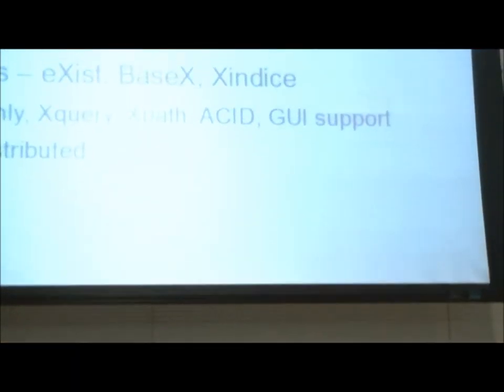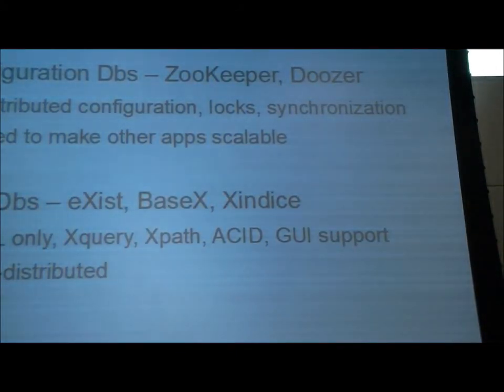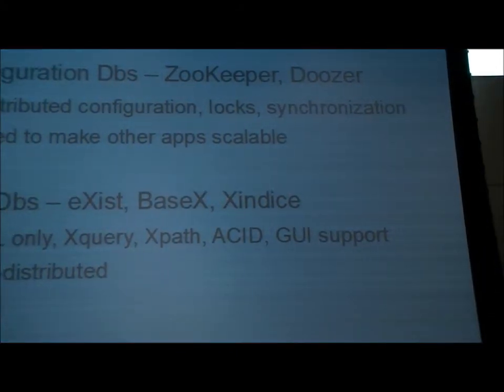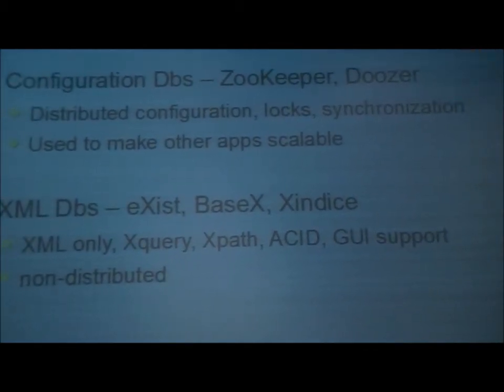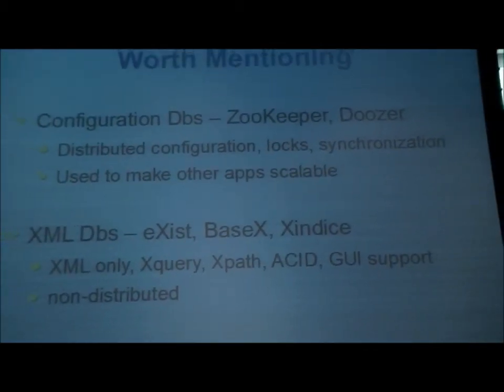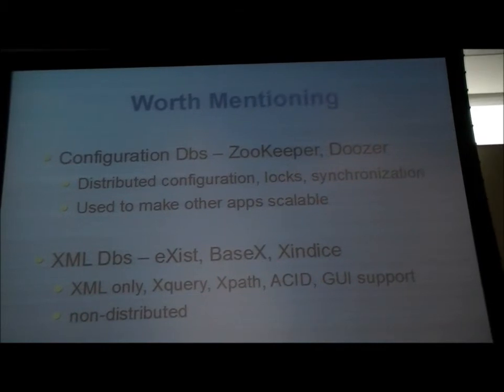It gives you distributed logs, distributed configuration and a synchronization mechanism across all the nodes there. Doozer does something very similar, but it tries to do it in a little bit more simplified way than what ZooKeeper does. And then the last one here is what I call XML DBs.